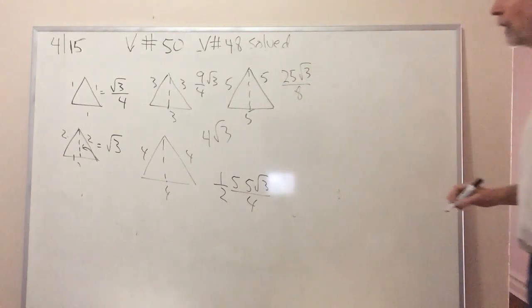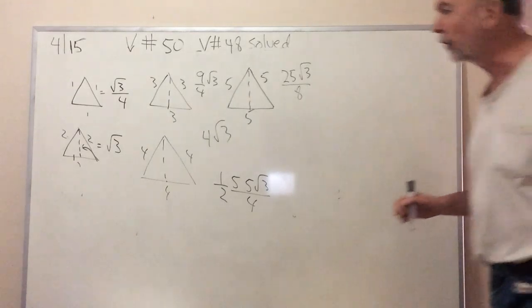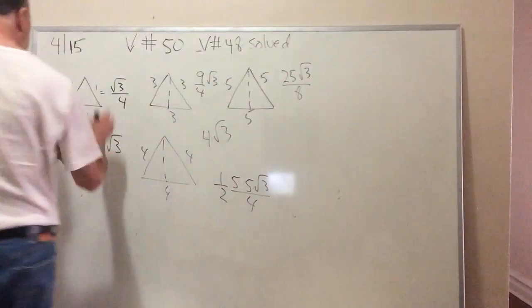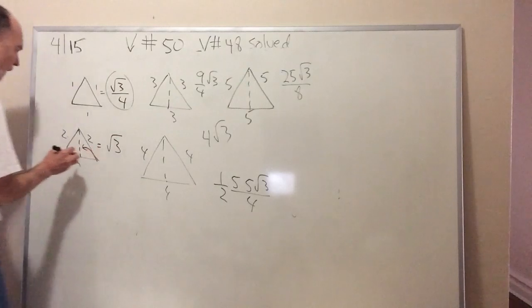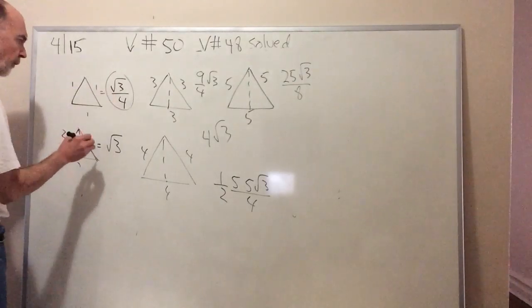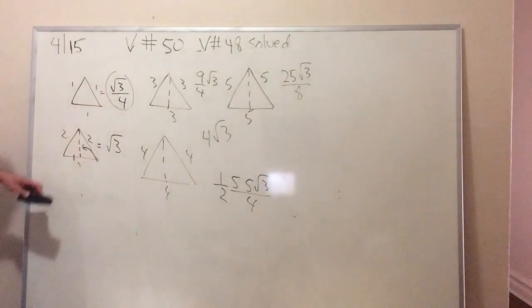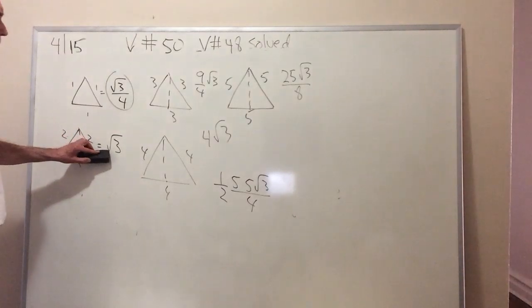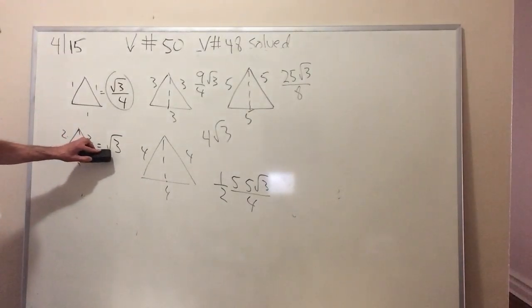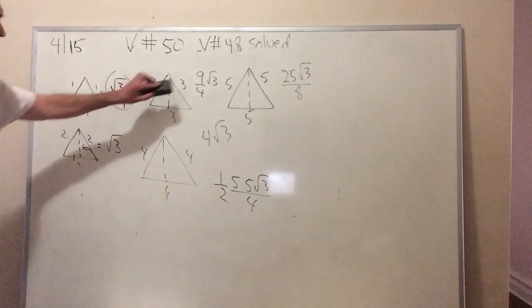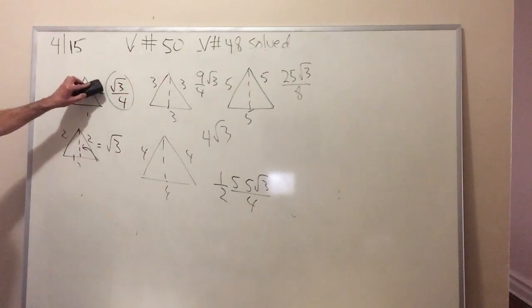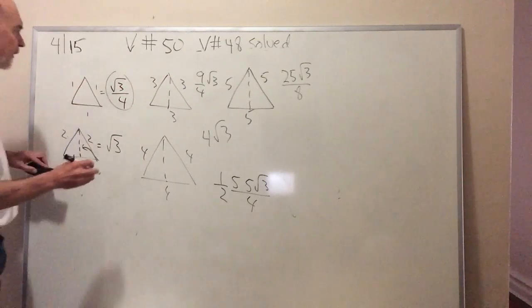Okay, so what's going on here? Let's circle the answers that we got. In order to get from here to here, I had to multiply by 4. Do we agree? And in order to get from here to here, I had to multiply this by 3, and this is 9.